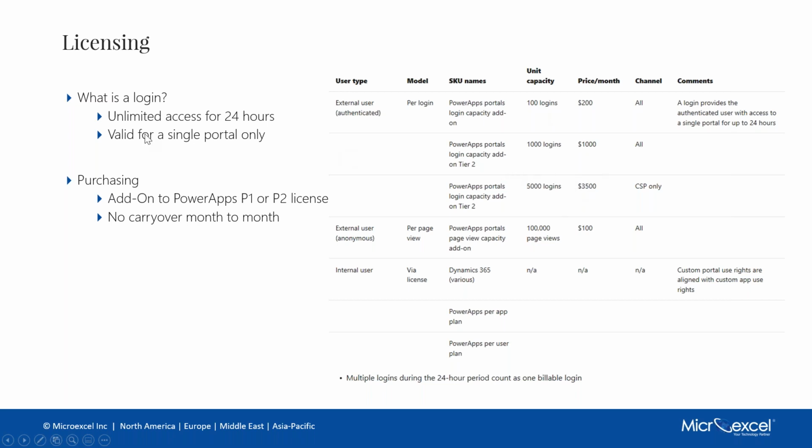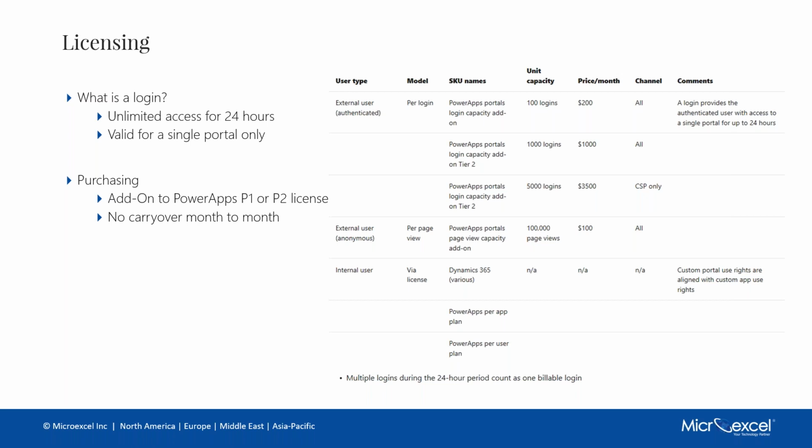Now to the left, what is a login? It's not each time the person logs in. It is unlimited access for 24 hours. So if I log in now, and then 5 minutes later I've closed the browser and I log in again, that's a single login, right? A single login, unlimited access for 24 hours. But it is only valid for a single portal.